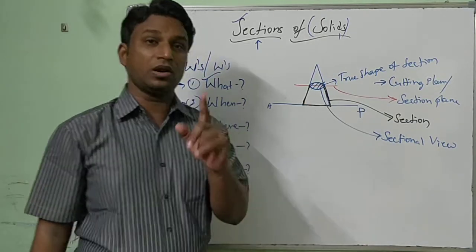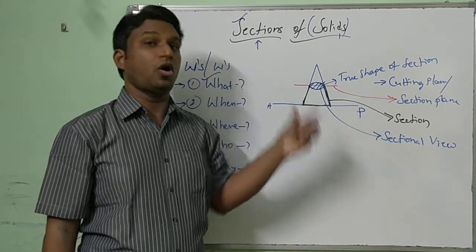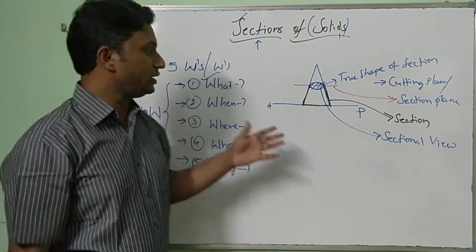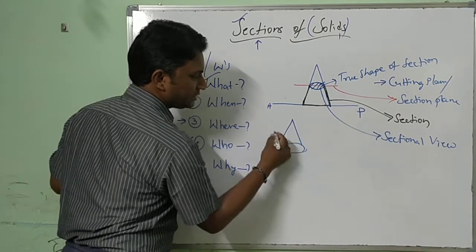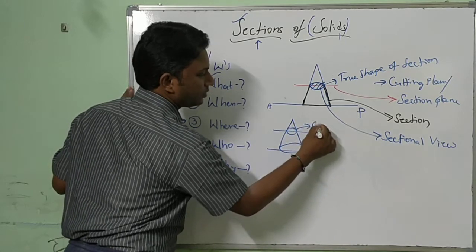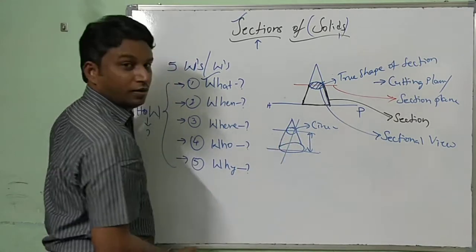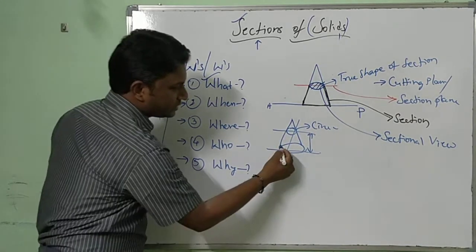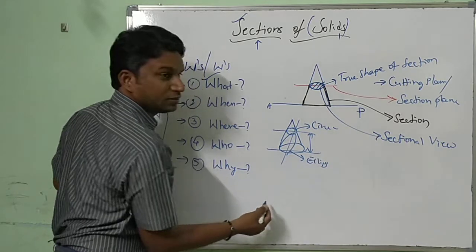Now, if you recall, we have already discussed this concept generally in conic sections. Remember conic sections, right? We have taken the same cone, cutting parallel to the base forms a circle. Cutting parallel to one of the generators forms an ellipse.